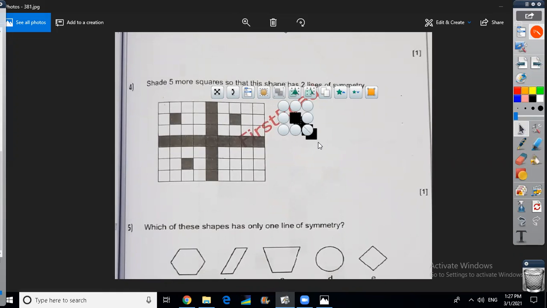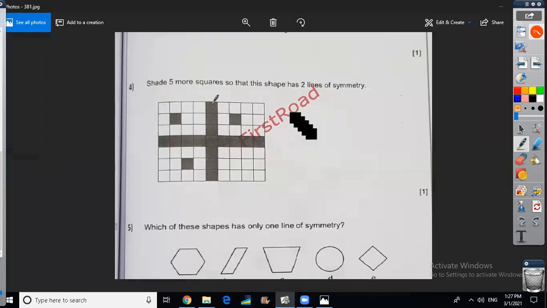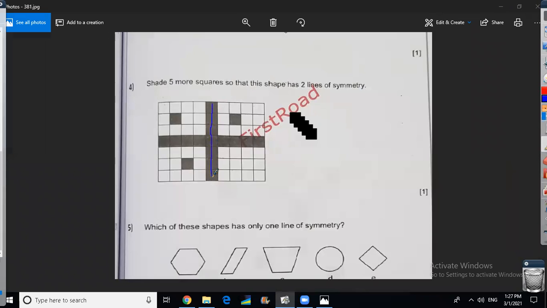Let's now do this. They're saying shade 5 more squares so that this has 2 lines of symmetry. Where are the 2 lines of symmetry? Here they are. Look at this. I mean, this is a line of symmetry, and this is a line of symmetry. This is a mirror line. This is a mirror line. So the line of symmetry, guys, is kind of like a mirror line, okay?